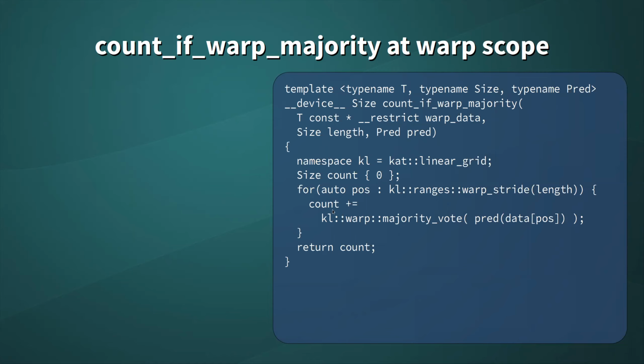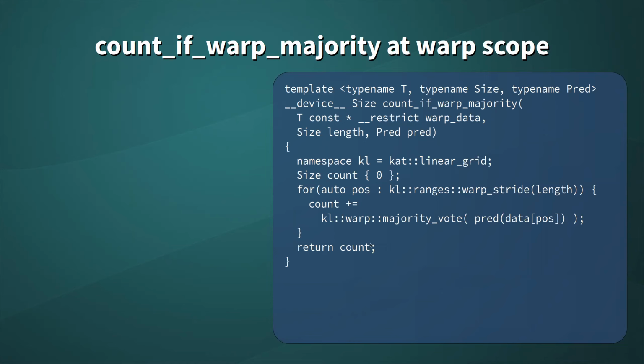And this is encapsulated in this function. It's a warp collaboration primitive. That's why it's in the warp sub namespace. And we add the result, and the result is 1 if the majority vote is true, and 0 if it's false. And we finish this loop after we've gone over all of the elements.